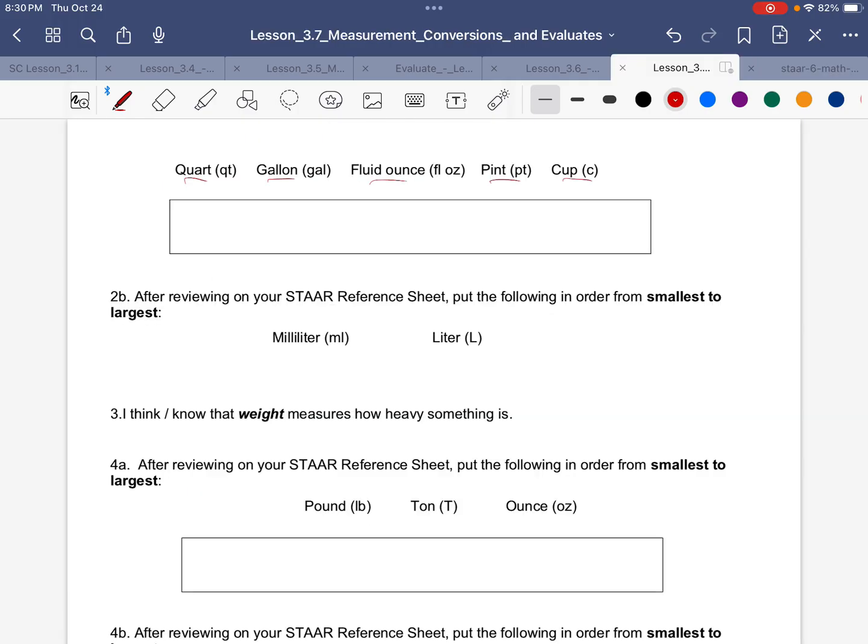So you can count those now. So fluid ounces, then cups, then pints, then quarts, then gallon. And you can double check that.